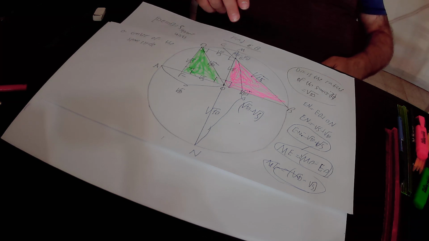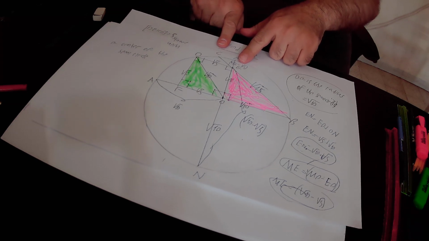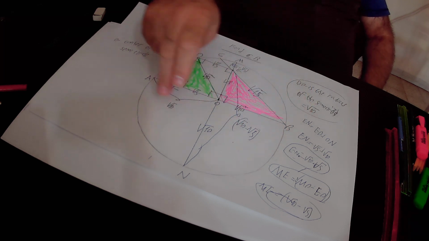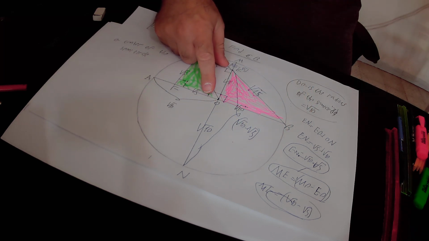In order to find the length of line segment CE, we did a construction: we completed this semicircle to a circle, then we extended OE on both sides.